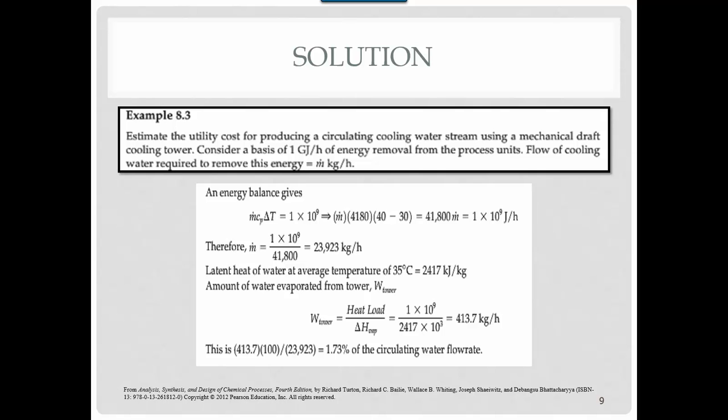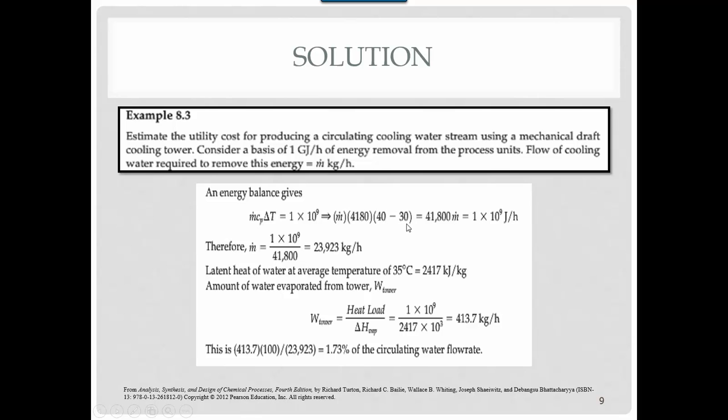So, let's get started. To figure out the flow of water, we need to start with an energy balance. We know that the amount of energy is 1 gigajoule per hour, and we know that m dot C sub P delta T will give me a good estimate if I have just pure temperature change.